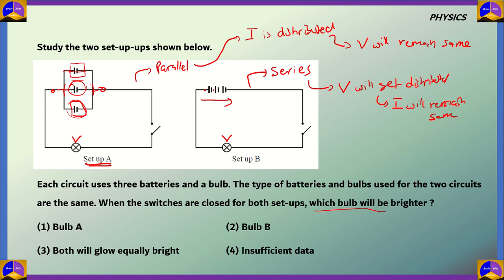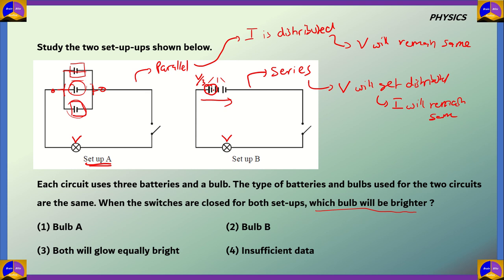Now we are asked which bulb will be brighter. We know that a bulb will glow brighter if it receives a higher voltage. Now if it's setup B, the voltage is getting divided equally among the 3 bulbs. So the voltage received by one bulb would be V by 3.